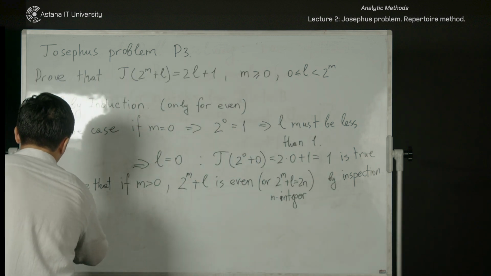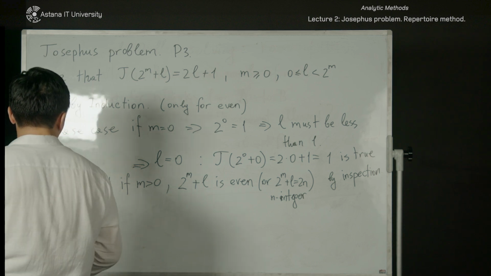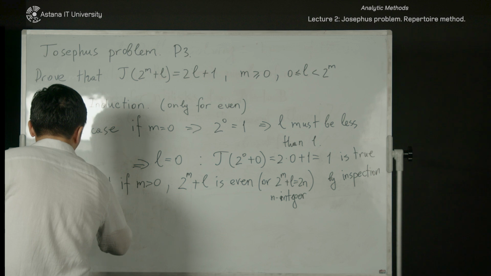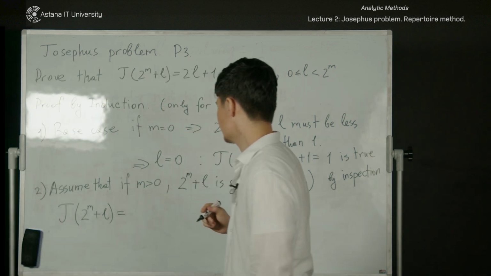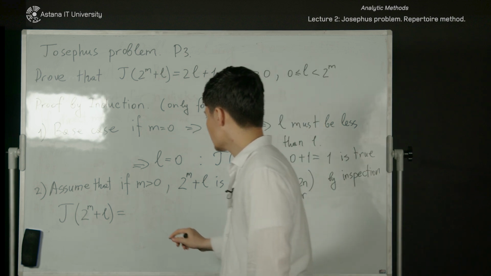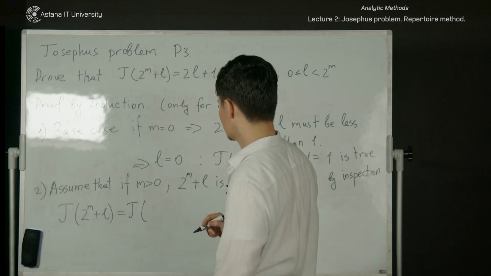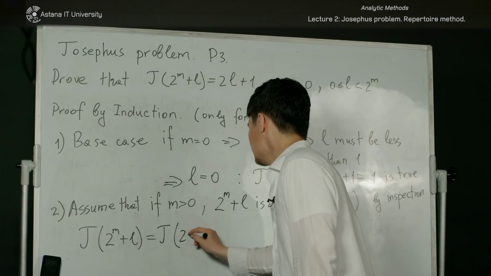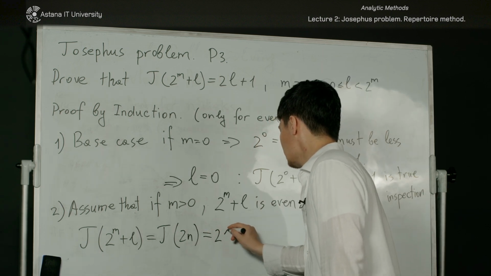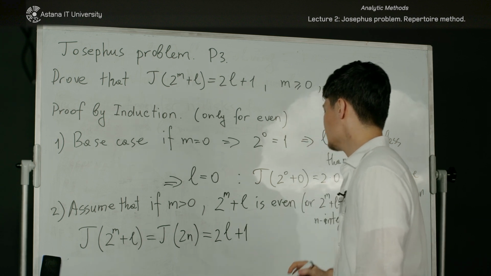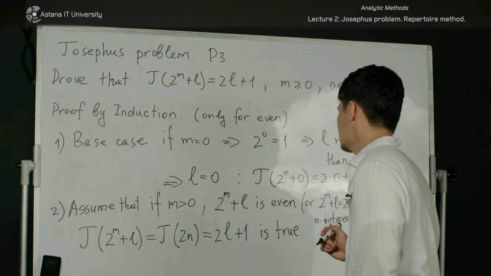So I'm going to write over here that J of 2 to the power of m plus L, equal J of 2n, should give us 2L plus 1. We're going to assume that it is true. Okay?